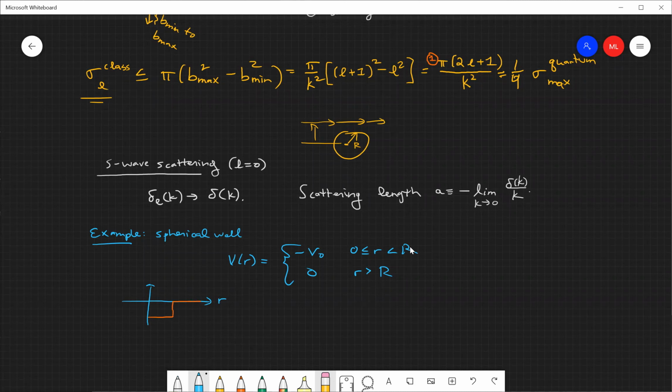And remember, this is at the center of your coordinate system. It's a potential well, and you're sending in a plane wave from some direction into the origin, and then watching stuff scatter out. And of course, we're sending stuff in at some positive energy. So our energy is somewhere over here, just some kinetic energy.